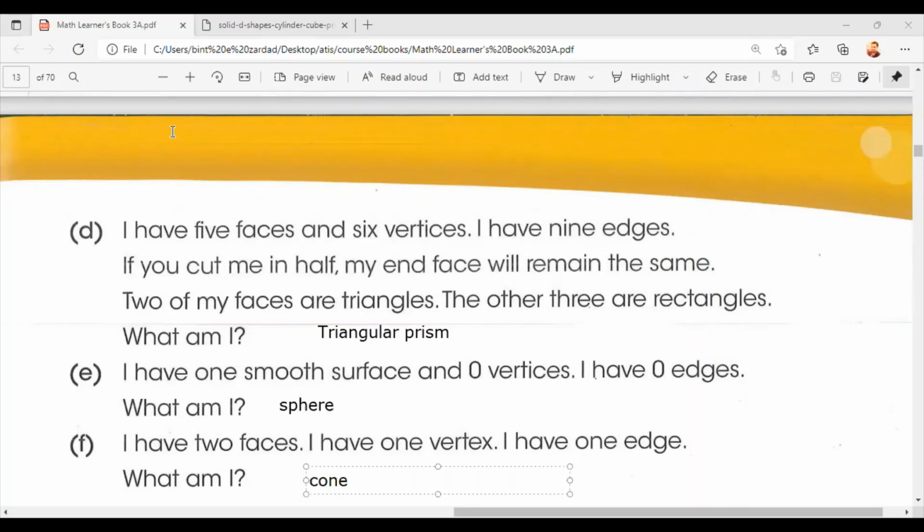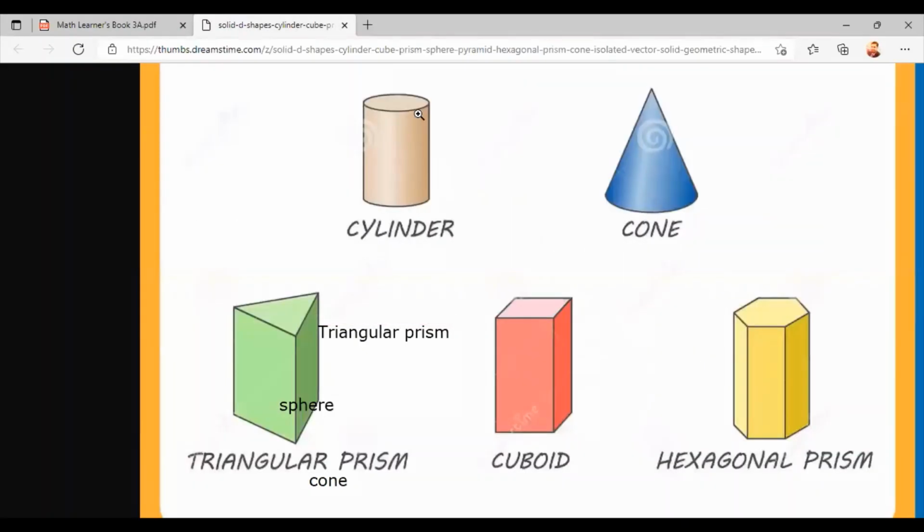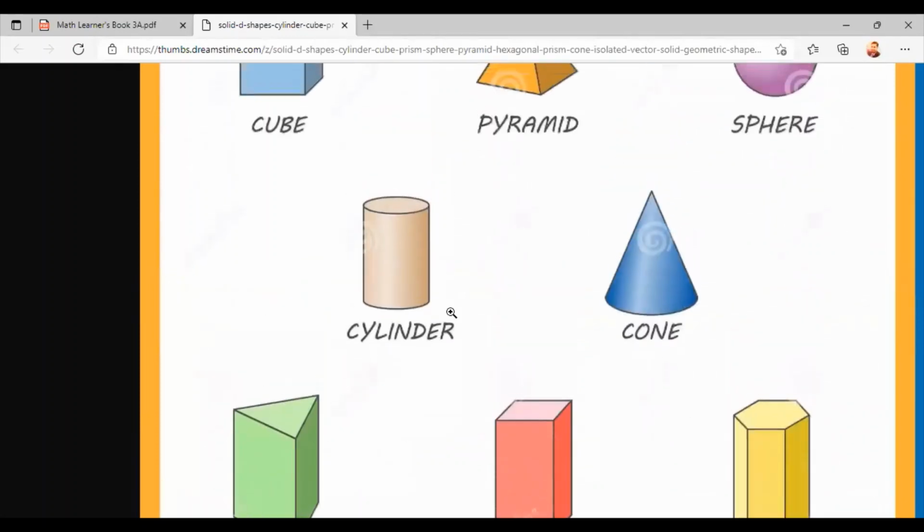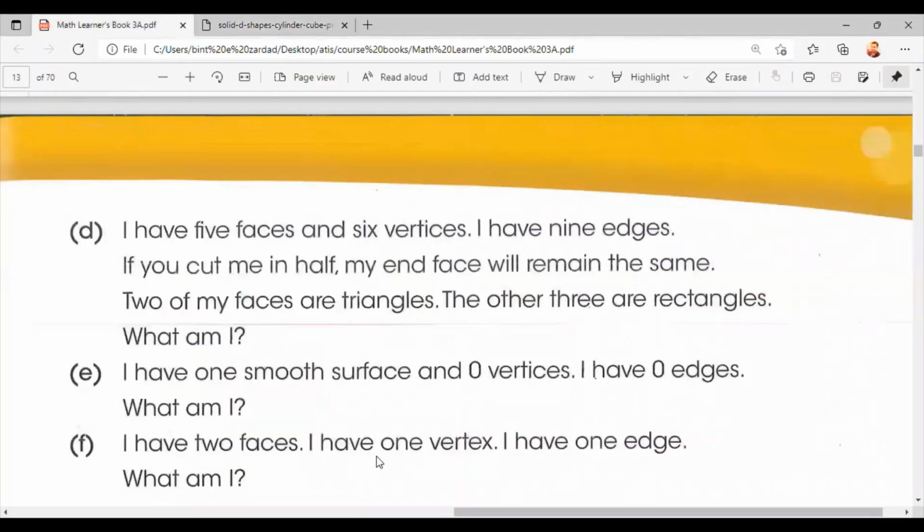So let me show you the shapes. There are 2 edges, you can see here. So about cone, I have one vertex, I have one edge.